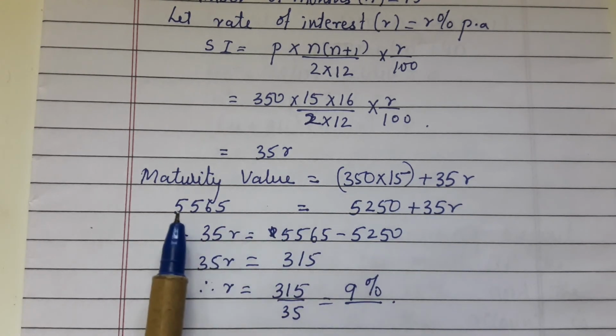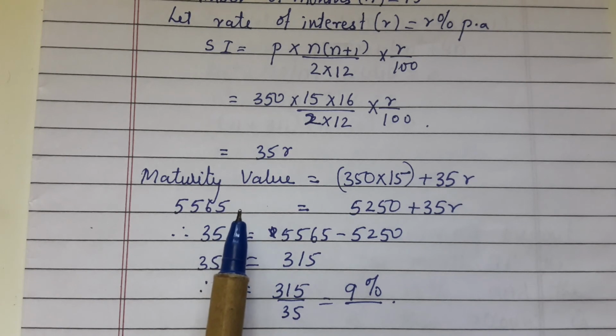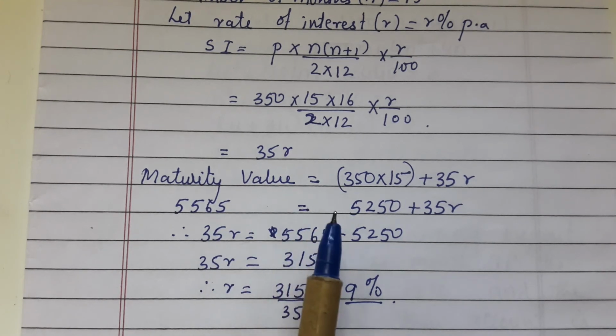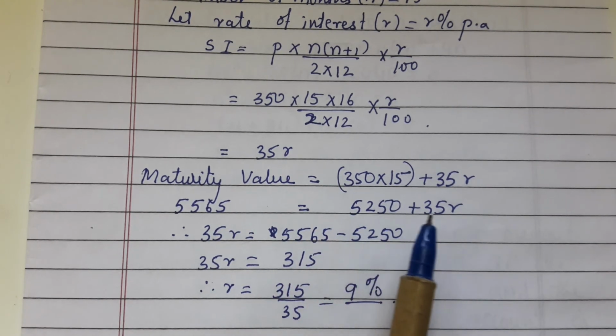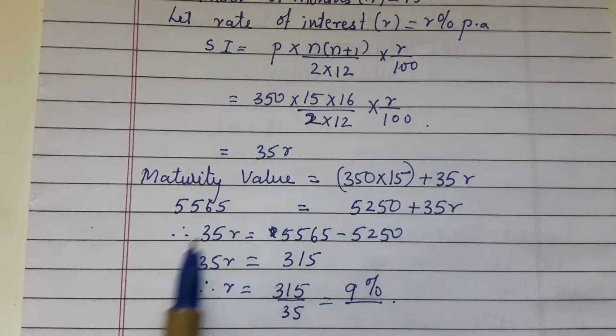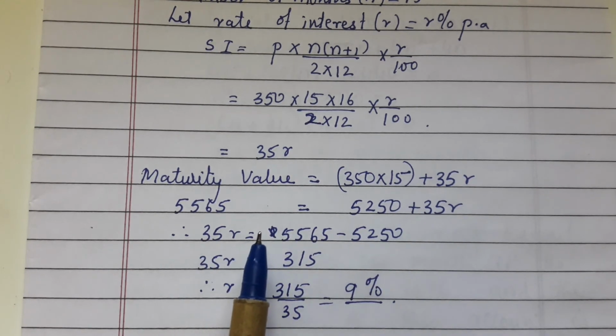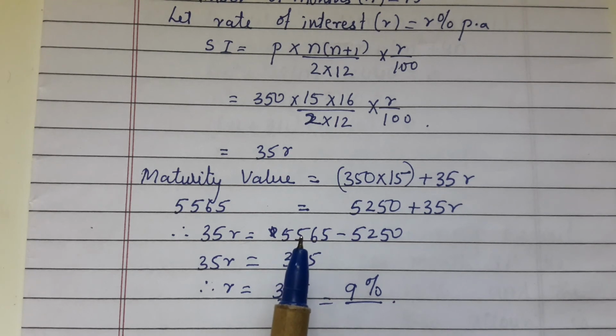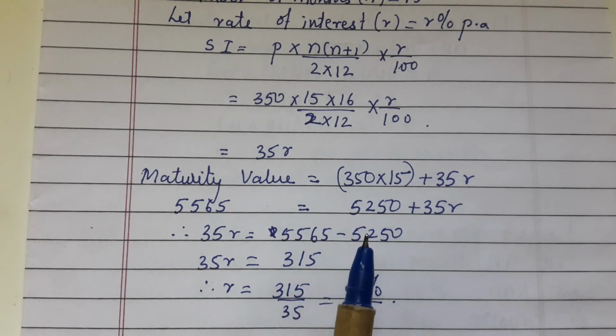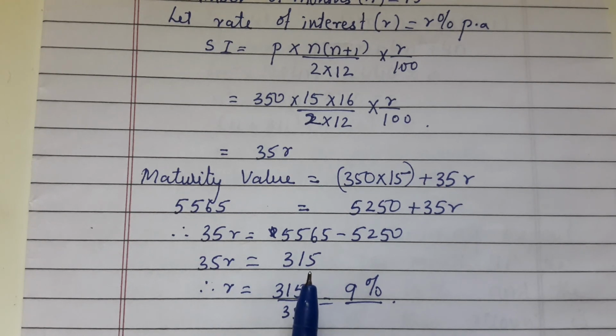Maturity value 5,565 is equal to 5,250 plus 35R. Therefore, 35R is equal to 5,565 minus 5,250. 35R is equal to 315. R is equal to 315 upon 35, equal to 9%.